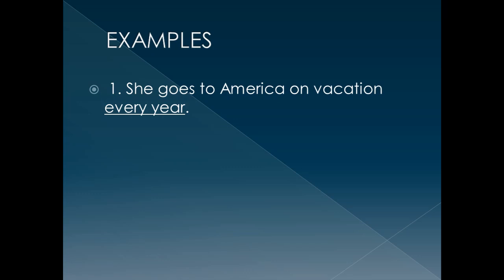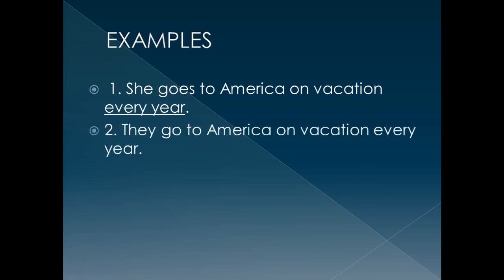She goes to America on vacation every year. If the subject is they, you must use only the V1 verb. They go to America on vacation every year. So when the subject is singular, you have to add the S form to the verb; when the subject is plural, or I or you, you must use the V1 verb.